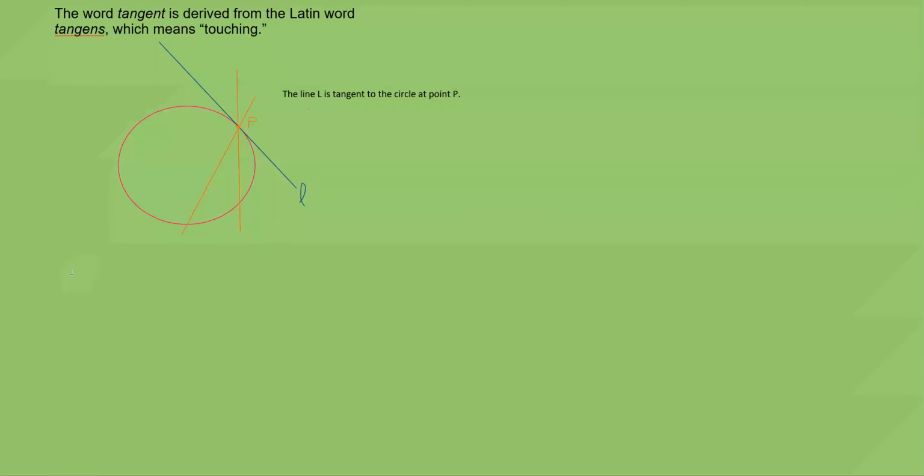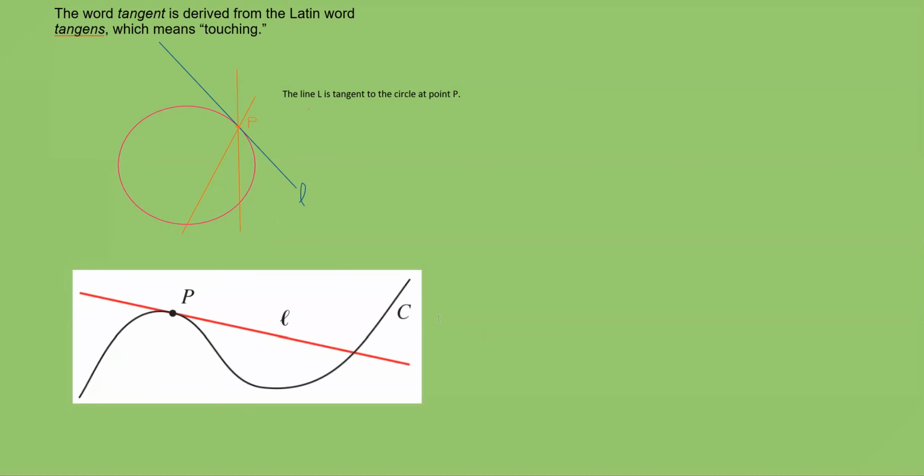Now let's look at another example. In this picture, we can see that the red line just barely touches the curve C at point P. If you just focus on this area, we can see that the red line only touches the curve at point P. But you can say, okay, maybe it touches the graph here as well. Then does that make it a tangent line? Actually, by definition, yes.